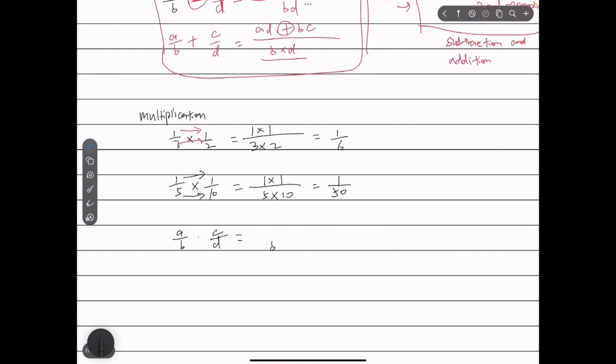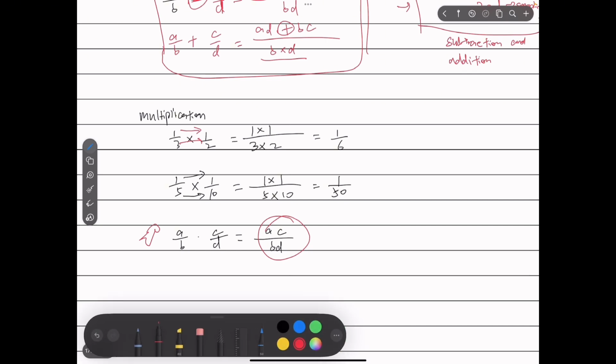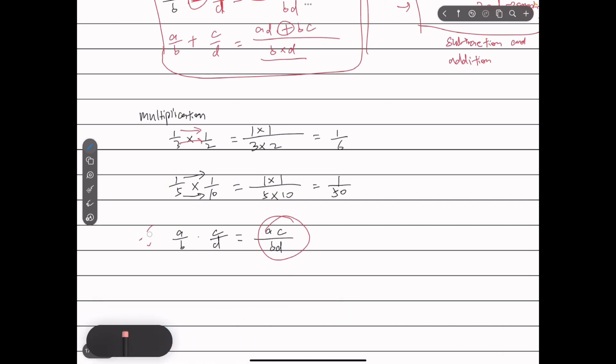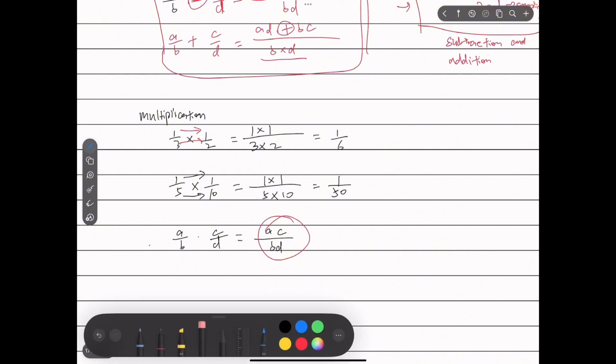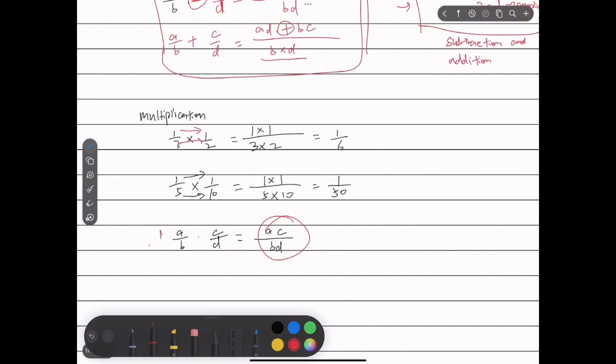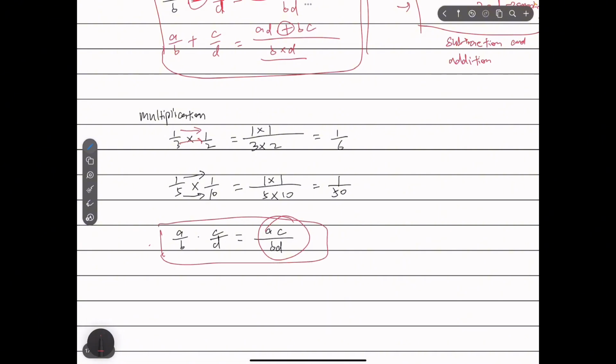That will give us b times d on the denominator and a times c on the numerator. So that's the formula we use for multiplication.